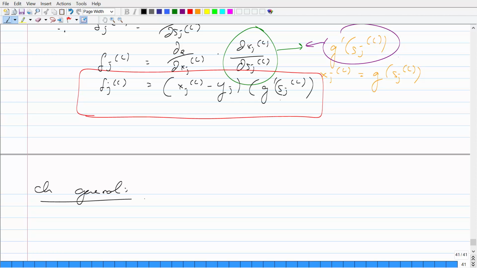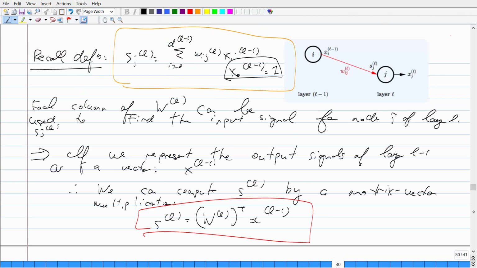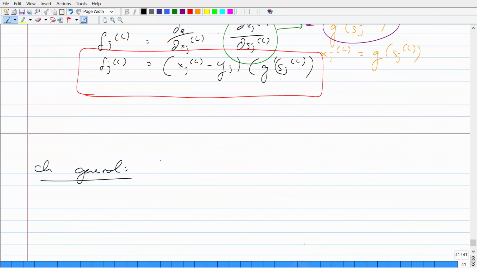In general, you can pretty much apply this to any layer that you want. So this is equal to, and then, using the sensitivities from the output layer, you can propagate them backwards.